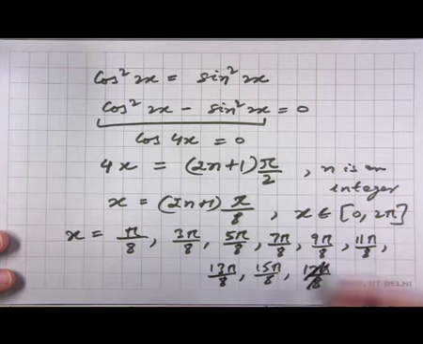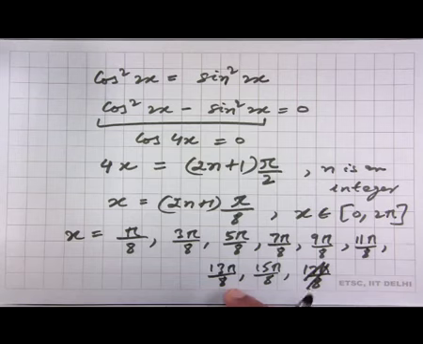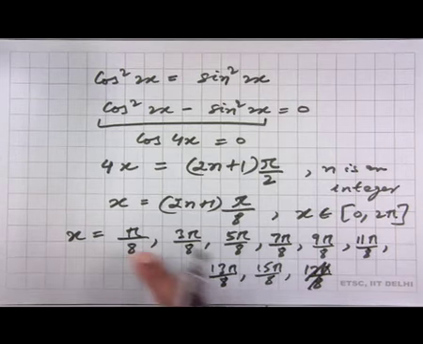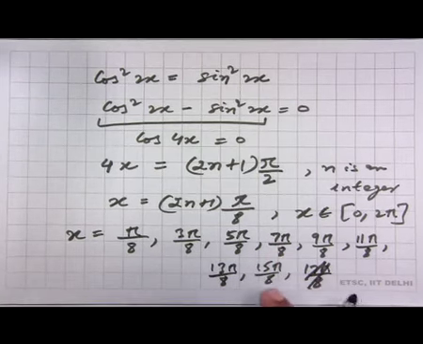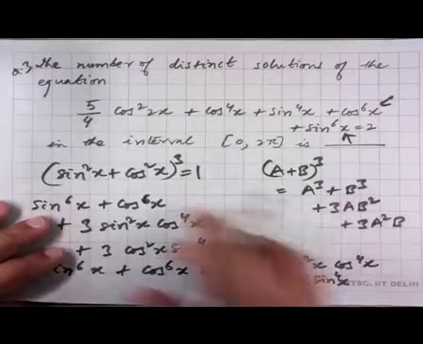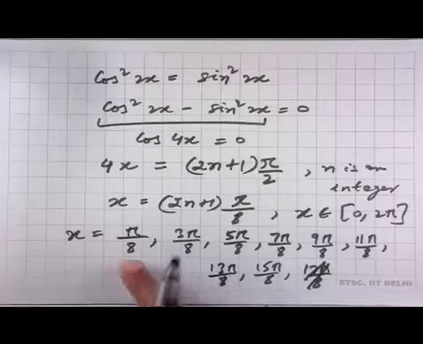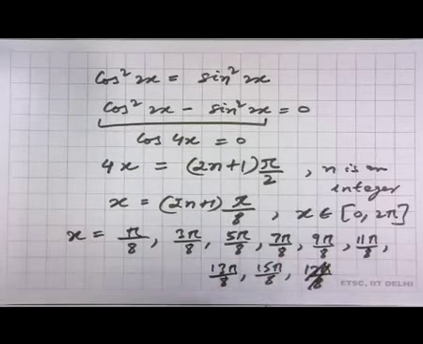So, this is not allowed, and if you see all of these solutions are distinct. So, therefore, the answer to this question is that there are 8 distinct solutions of this equation in the interval 0 to 2 pi. So, these are the 8: 1, 2, 3, 4, 5, 6, 7 and 8.